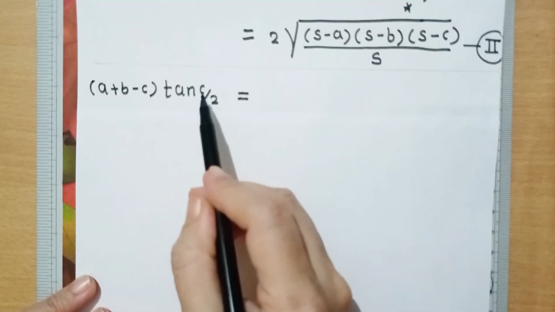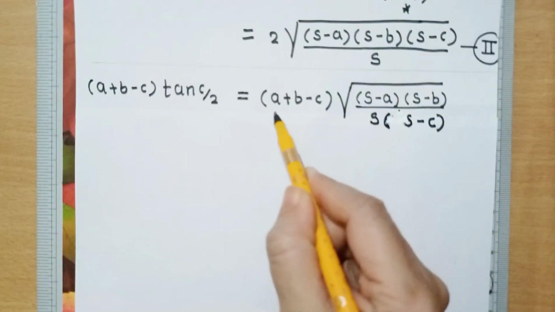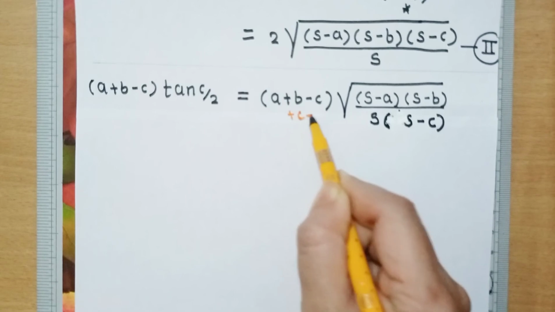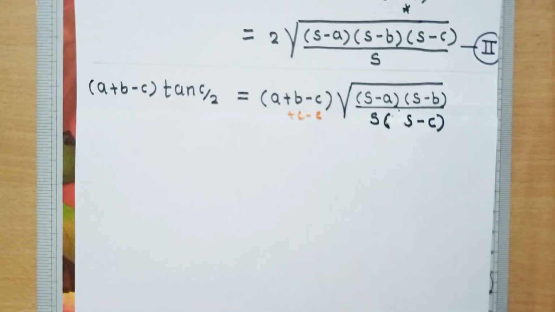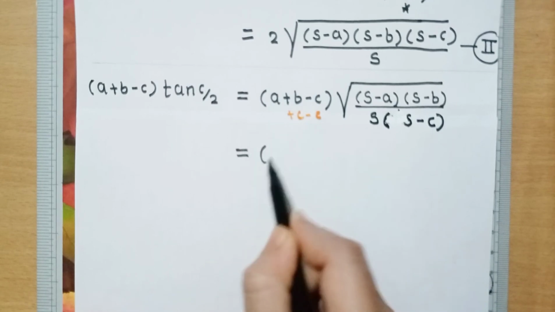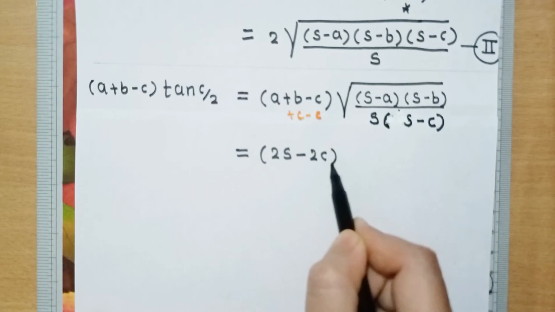Here also first we will substitute tan C by 2. Now check here, A plus B. So here we will add up C and then we will subtract C, and therefore A plus B plus C is twice S, and minus C means minus 2C.